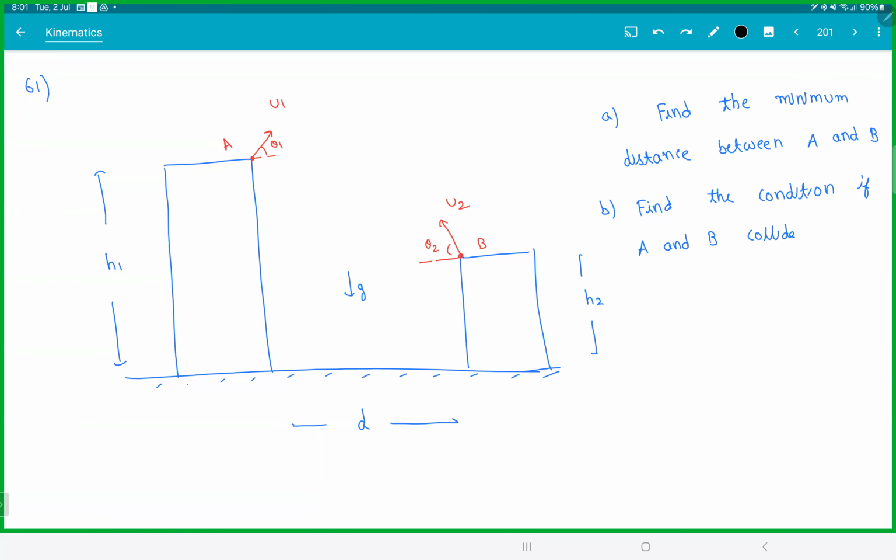Let me show you the first step. Let's see whether you got the relative velocity the same.